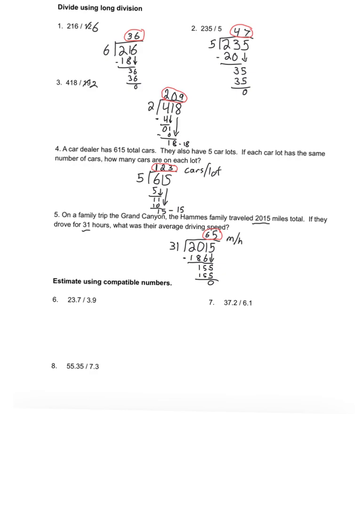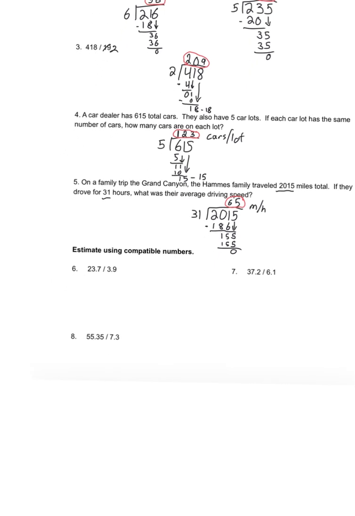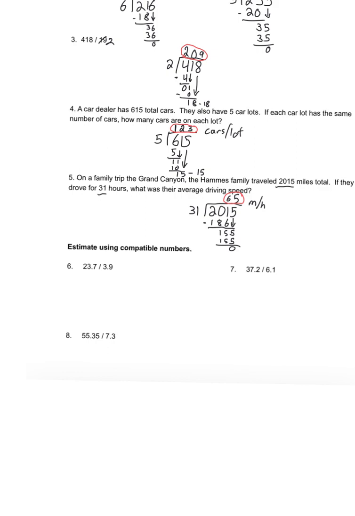Now, down on the bottom portion, it says estimate using compatible numbers. So we're going to take 23.7. Because this 7 right here is 5 or higher, we are going to round up and turn this 23.7 into a 24. 3.9, this 9 is 5 or higher, so we're going to round up and it's going to turn into a 4.